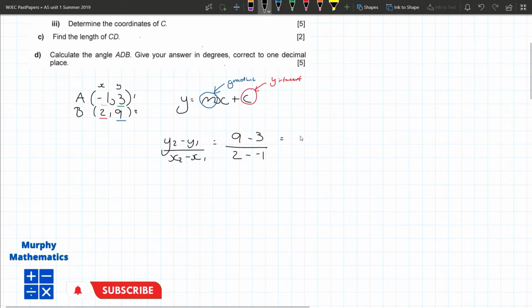So here we now have 6 over 2 minus minus 1, so that's going to be 3. So we know our gradient equals 2. We've just worked out m, so m equals 2.